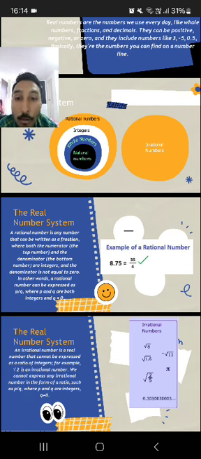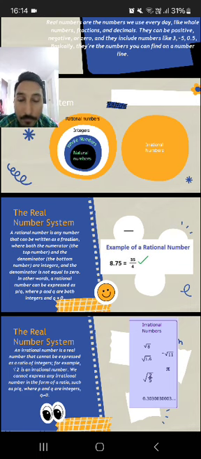These are integers. What integers are, we will come to later. And the denominator is not equal to 0, which means the number below the division line cannot be 0. If it's 0, then it's not a rational number. So this is about rational numbers. You can say it's like a fraction.